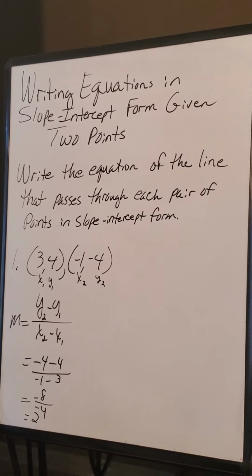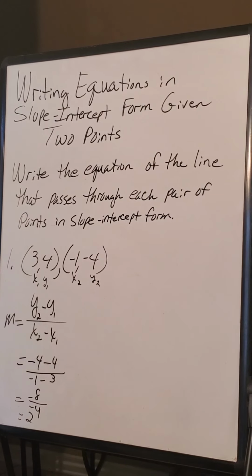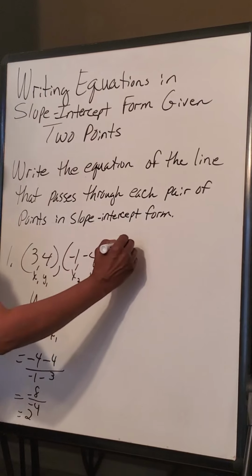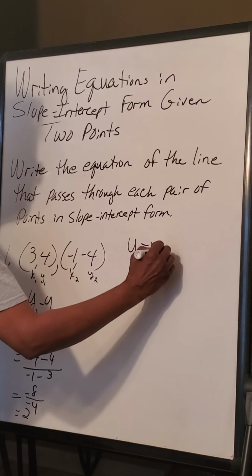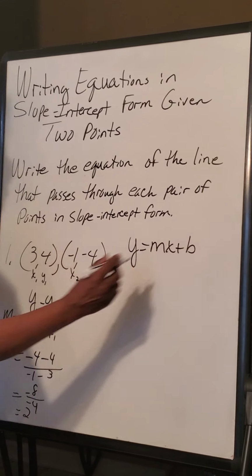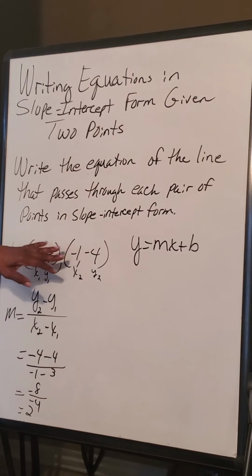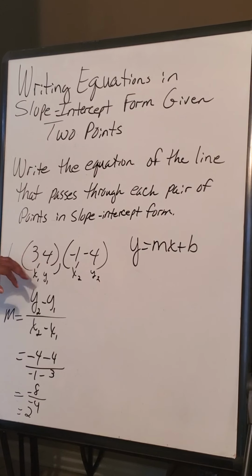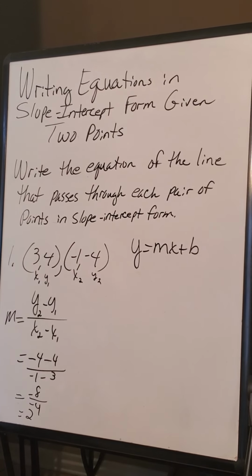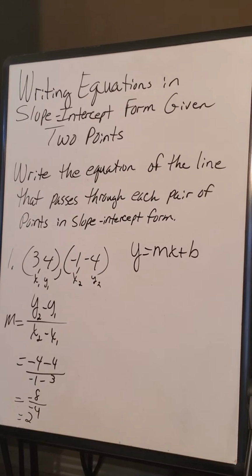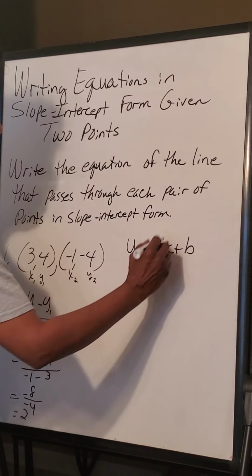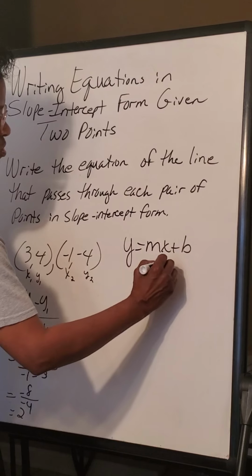Now I need my y-intercept. So to find my y-intercept, I'm going to take y equals mx plus b and select either one of these points. It does not matter which point you select. I know my slope, so I'm going to write up here what I'm using. So my slope is 2.